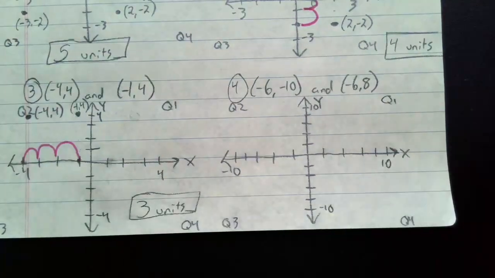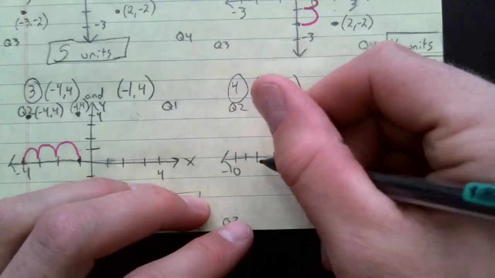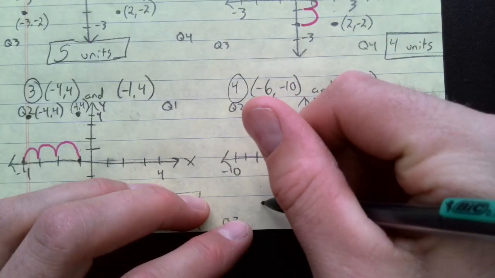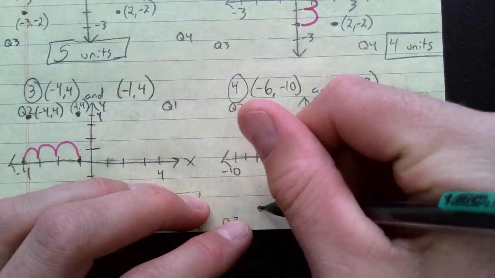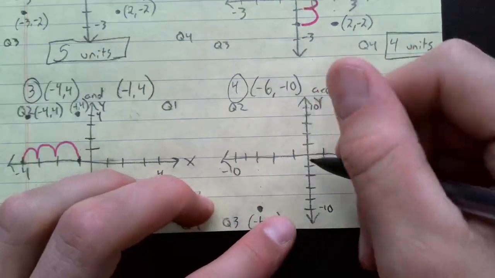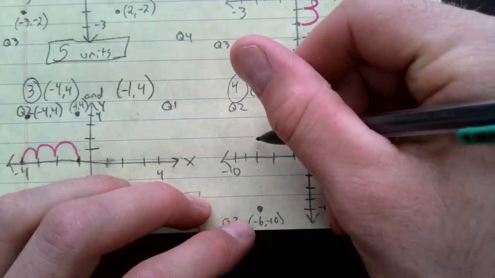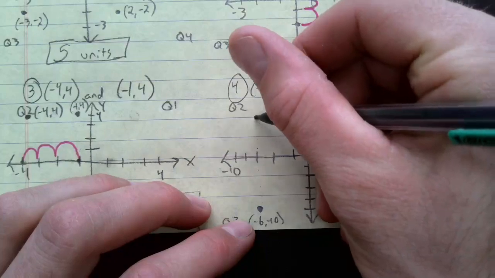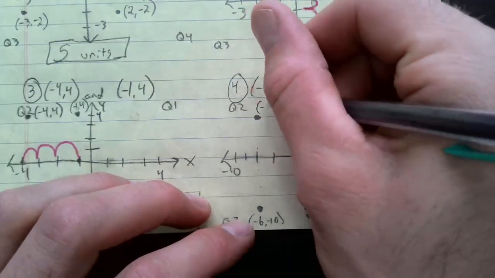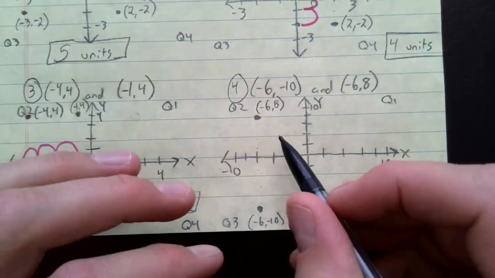All right, so just go and plot your points. Step 2, negative 6, negative 10. Negative 6, negative 10, and a negative 6, positive 8. All right, plot your point. And then just count your jumps from your axes.